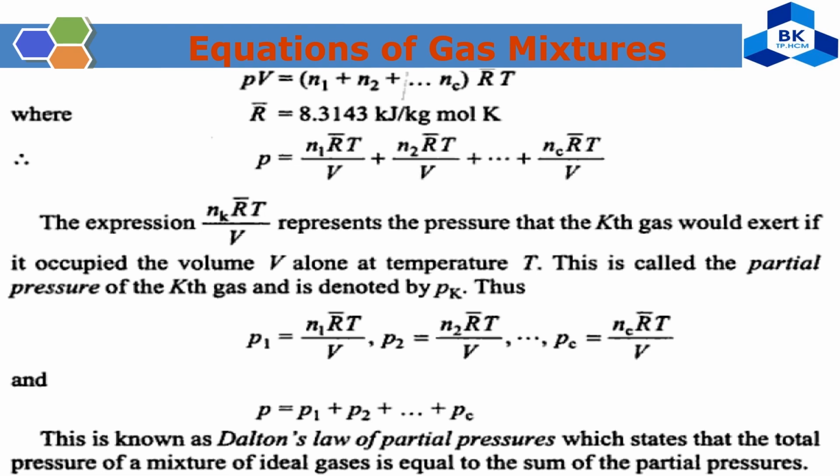For a gas mixture, that means a mixture of different kinds of gas, we apply the formula, and in the end we get Dalton's law. The pressure of the gas mixture system is equal to the total of the partial pressures of the different gases, that means P = P1 + P2 + ... + Pn.